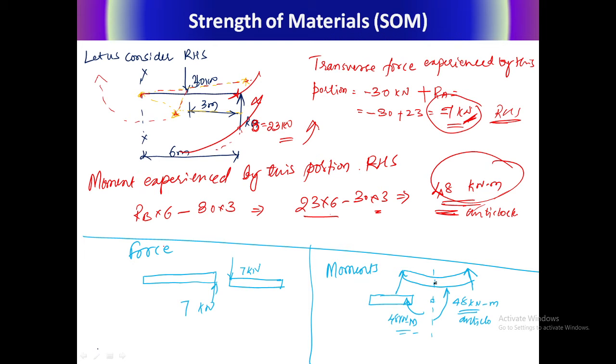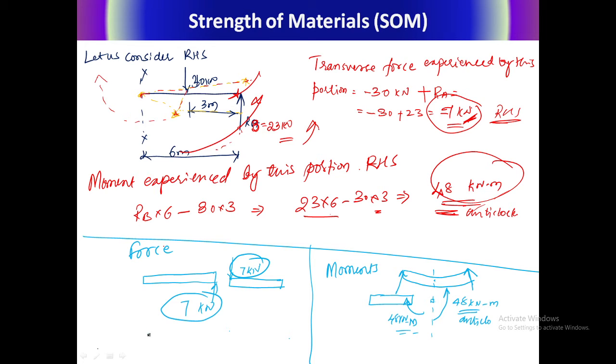Now the force which tries to shear off the component is called a shear force, and the movement which bends the section, either in a concave shape or convex shape, is called a bending movement.